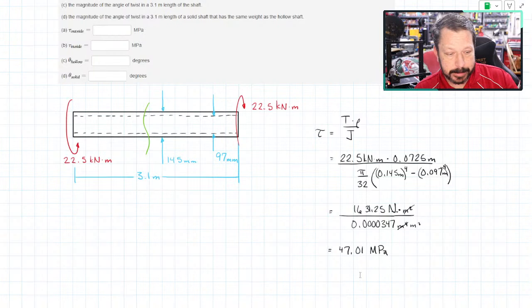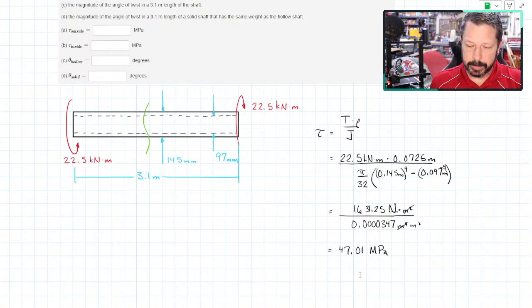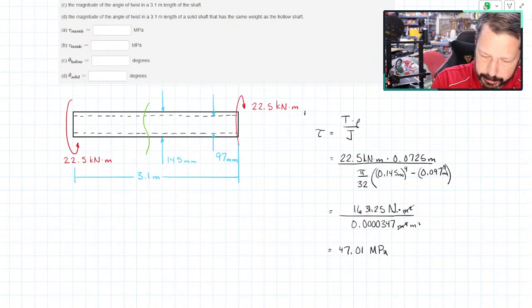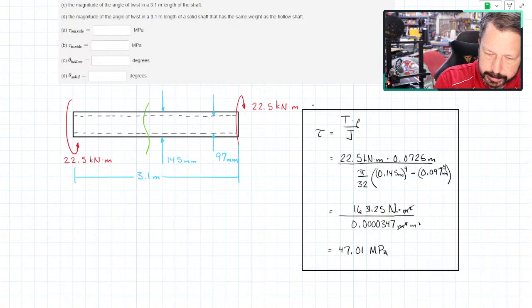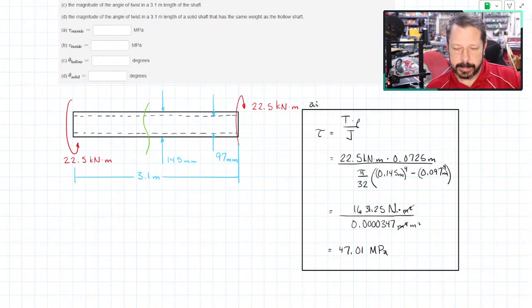We're about to do the exact same thing again, but for the inner radius, so you can follow along with that. This set of work over here is part A. So let's do part B. Part B wants the exact same thing, but it wants the torsional shear stress on the inside surface of this hollow shaft.